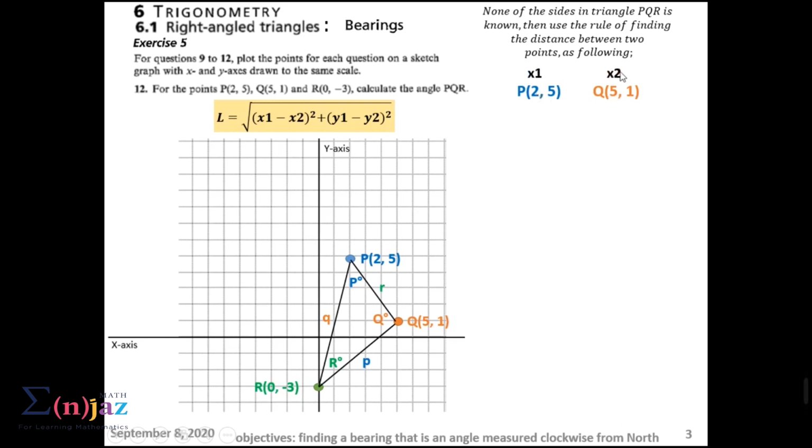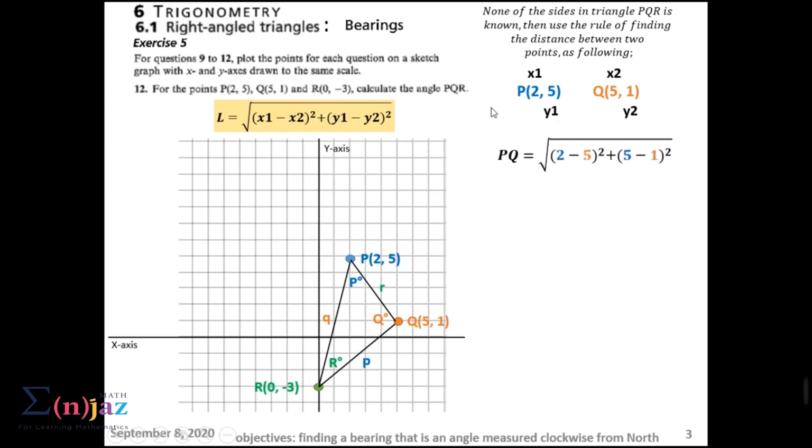So, since we have the 2 points here, we need at first to identify x1 and x2 as following. x1 is 2, x2 is 5. And then we need to identify y1 and y2 as following. y1 is 5 and y2 is 1. Let's substitute in the general formula.